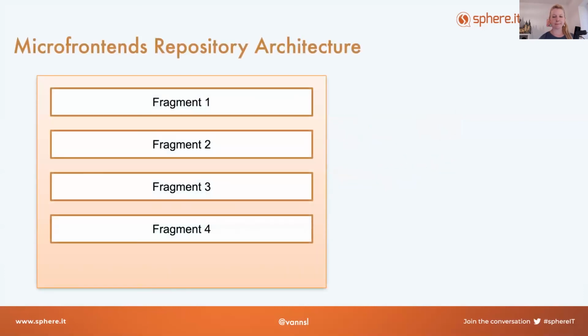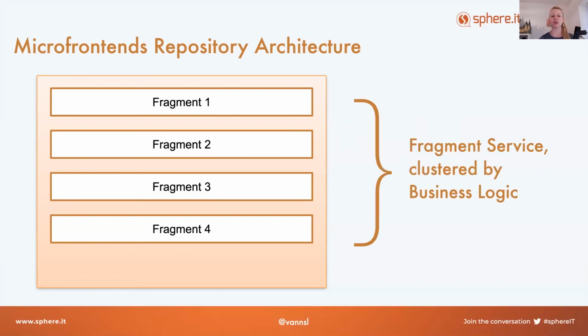So in a micro frontends repository architecture, you can have one repository, and this one repository has 4 fragments. Think of a fragment as one micro frontend. But sometimes you can of course have several micro frontends for one business logic domain and gather all of them in your one fragment or microservice, a micro frontend service clustered by your business logic.